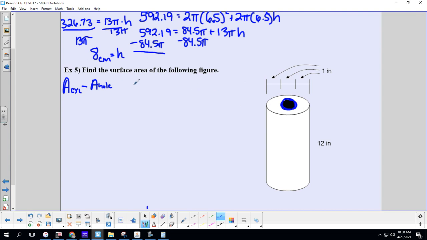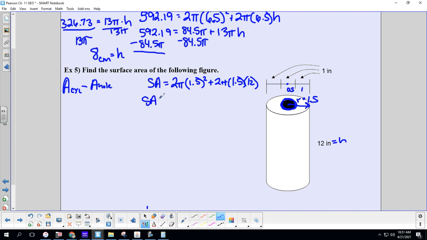Okay, so the first thing we're going to do is find the area of the cylinder. It is 2 pi r squared plus 2 pi r h. So we have to find the radius of the whole thing. So it goes, here's the center, this is 1/2, and this is 1. So the radius is 1.5 of the whole thing. And 12 inches is our height.